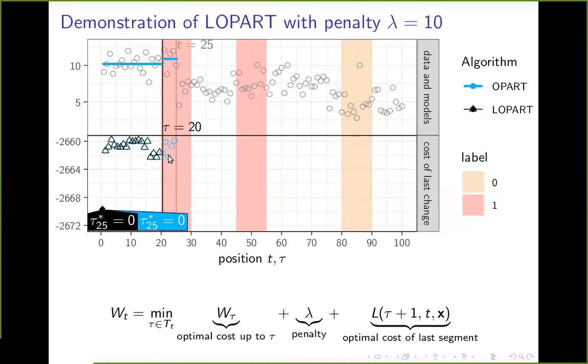What it means is that if you want to compute the optimal cost and guarantee that there's exactly one change in these red one labeled regions, then during these optimization steps where t is inside of one of these one labeled regions, you have to discard the possibility of the last change point being inside of that red region that you're considering.